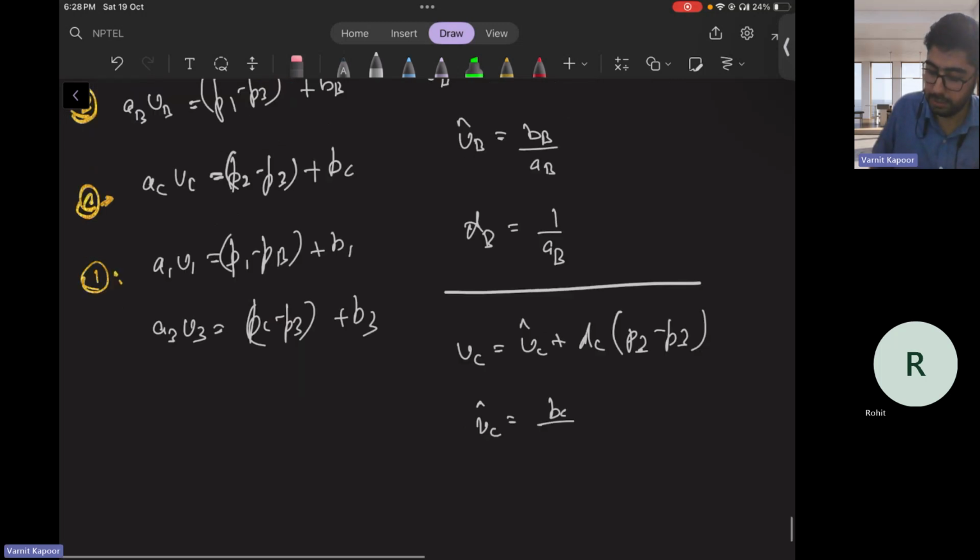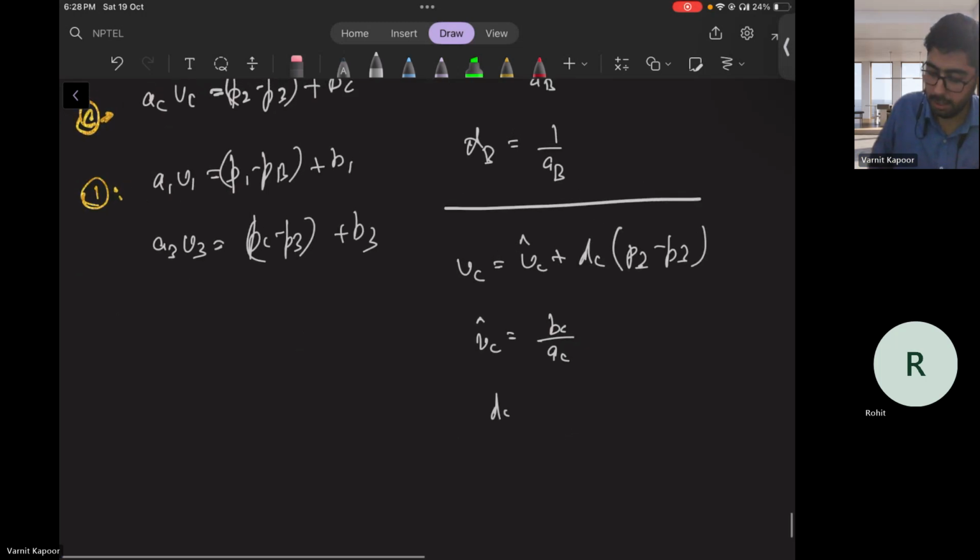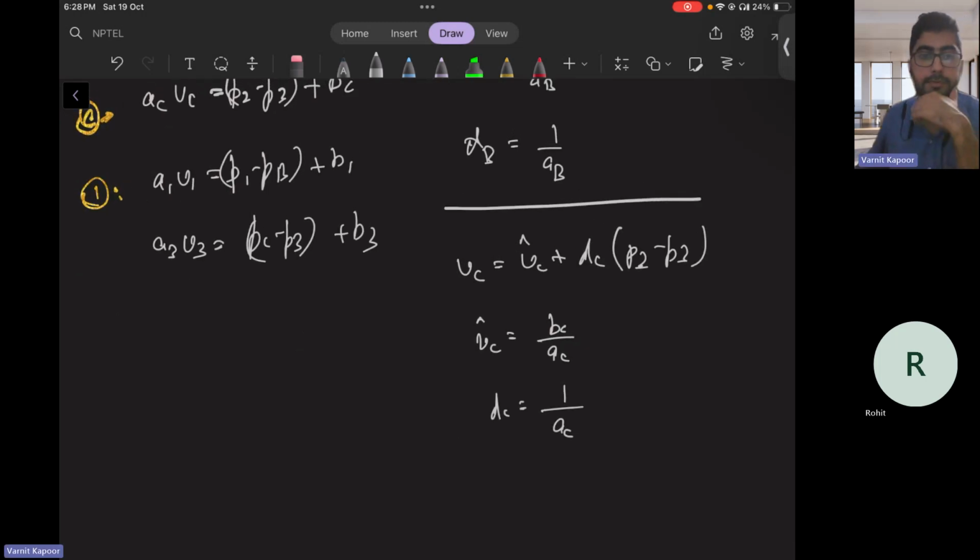UC hat is BC over AC. DC is 1 over AC. Okay. We have basically just divided by the central coefficient on both sides. That is how we got the velocities.